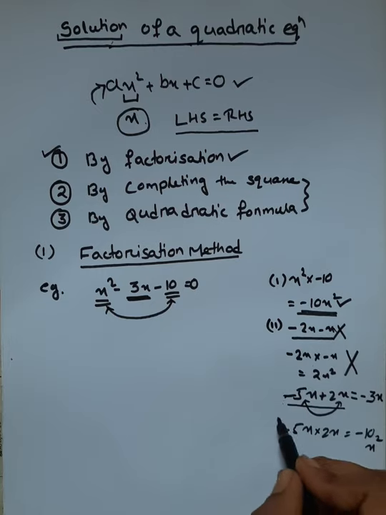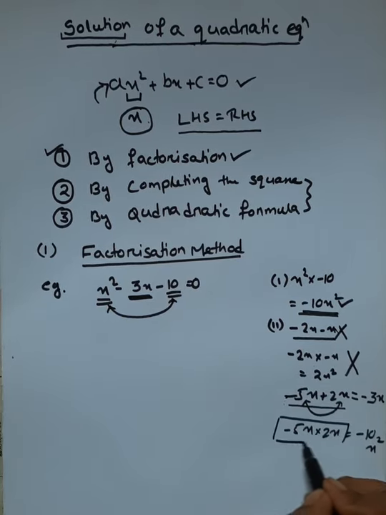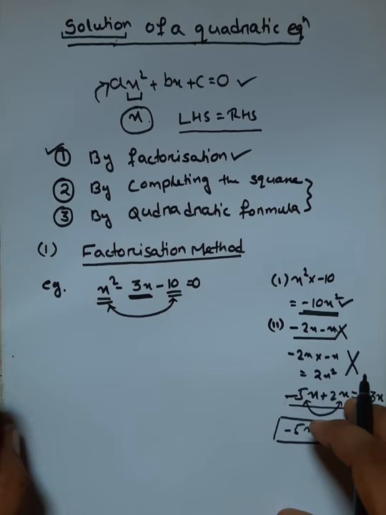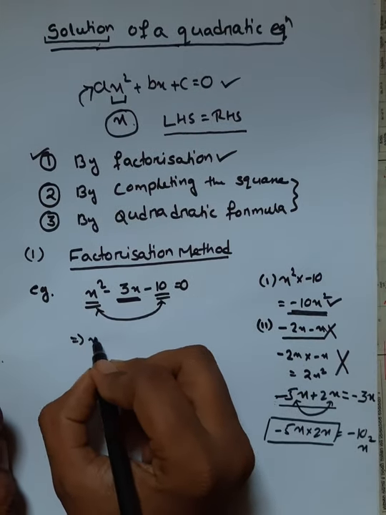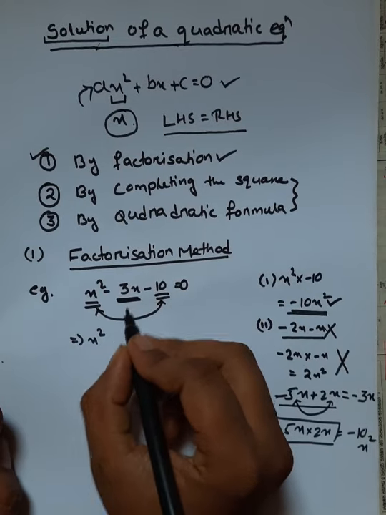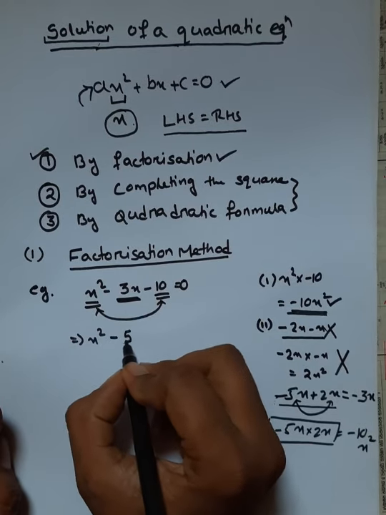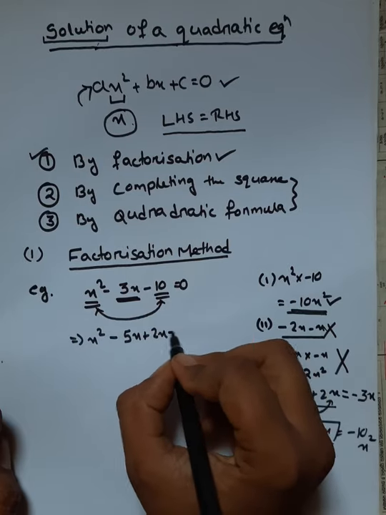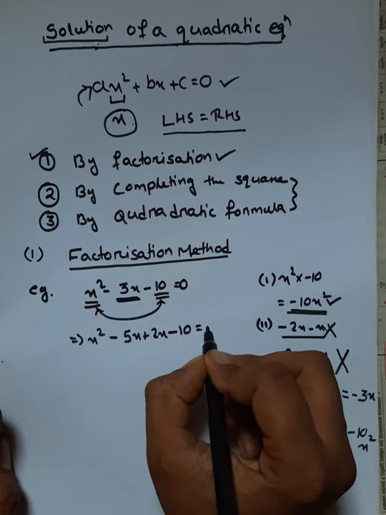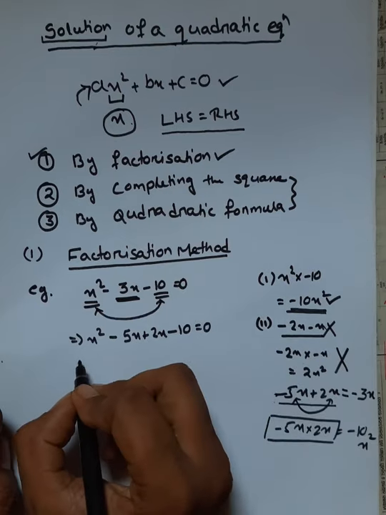So we have to take this value. Now we can write x square, and instead of minus 3x we can write minus 5x plus 2x, then minus 10, it is written as it is.